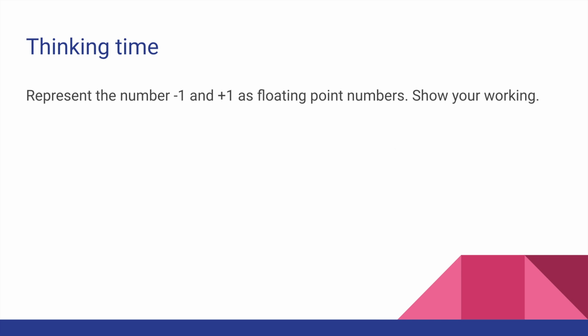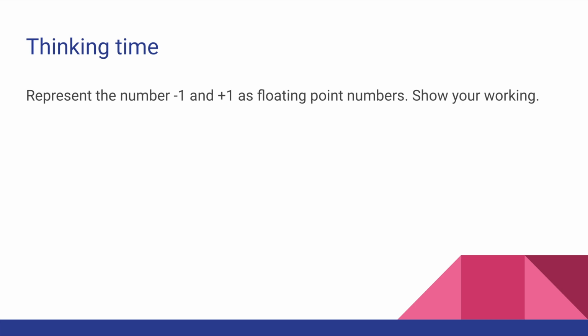Thinking time. Can you represent -1 and +1 as floating point numbers? Show your working. Okay, so pause the video and try and work it out for yourself. So here's the explanation first. You need to work out the 3 different components: the sign bit, the exponent, and the mantissa.